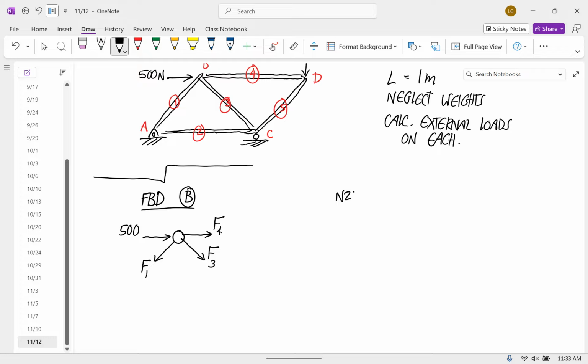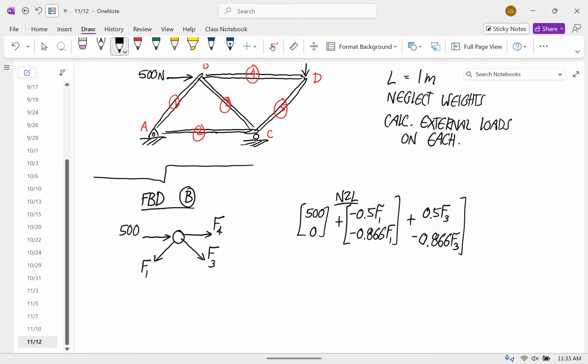So Newton's second law says: 500 in the x direction, 0 in y, plus negative 0.5 F1, negative 0.866 F1, those are all 60-degree angles, plus 0.5 F3, negative 0.866 F3, plus F4, 0, is equal to zero.